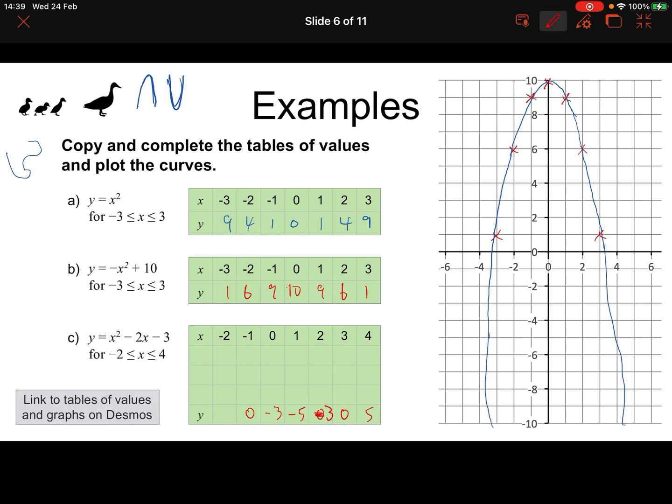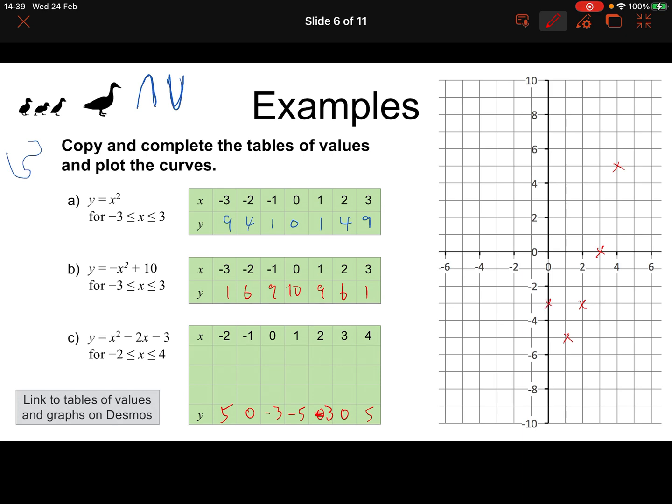So we're going to plot, let me just delete the other one. We're going to plot 4, 5, that's there. 3, 0, that's there. 2, negative 3, that's there. 1, negative 5, that's there. 0, negative 3, that's there.